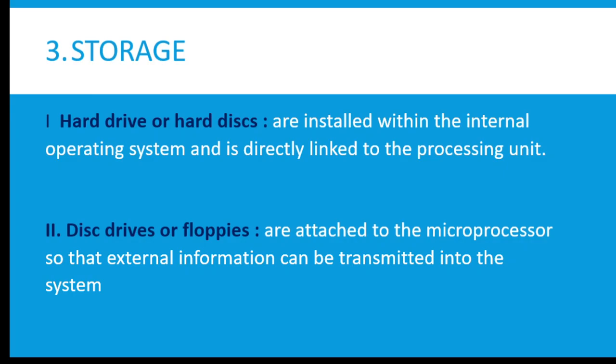The second type of storage is called secondary storage. Here we can store the data and attach it to the microprocessor so that external information can be transmitted into the system. So nowadays we use pen drives, DVDs, floppies, CDs, etc.